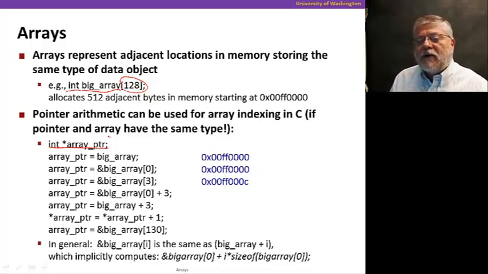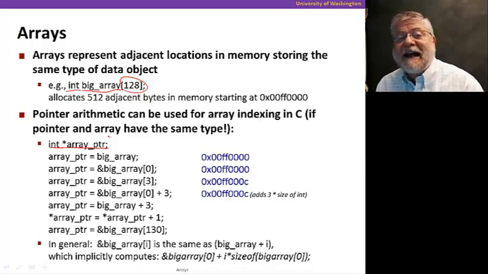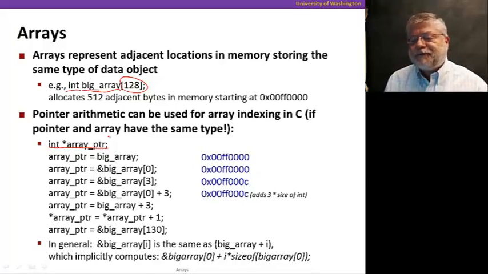Now, that's exactly the same thing as the next statement. And why is that? Because in this case, what I've done is first taken a pointer to the first element and then said add 3. But remember, C knows that if we're adding to a pointer, we don't mean just add the value 3, but rather 3 times the size of the data element, or in this case an int, 3 times 4.